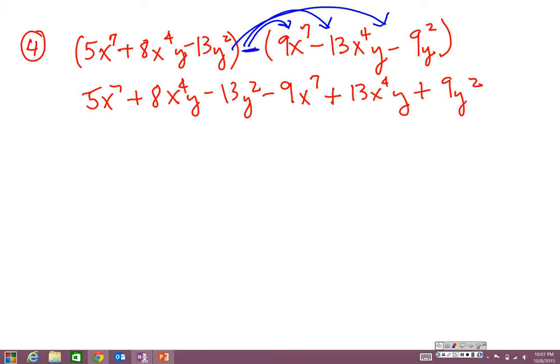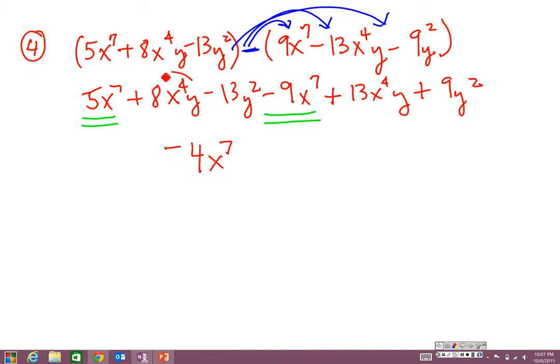Now, let's be careful. Make sure we get all our like terms together. 5x to the 7th minus 9x to the 7th. Make sure that you carry the sign that's in front of each term. So this is a positive 5 minus 9, which is negative 4. Negative 4x to the 7th.